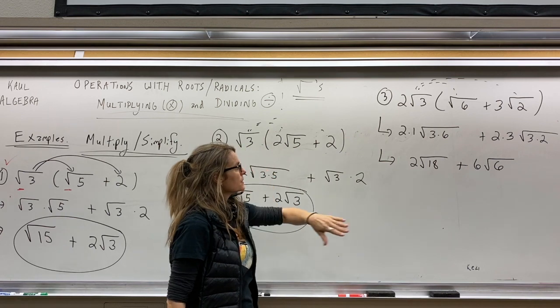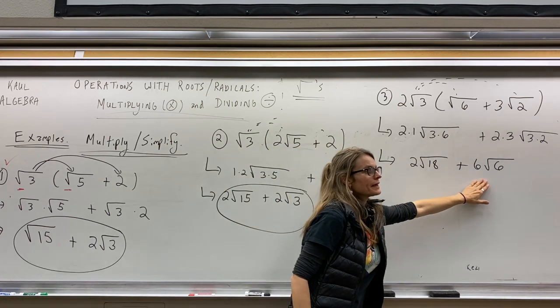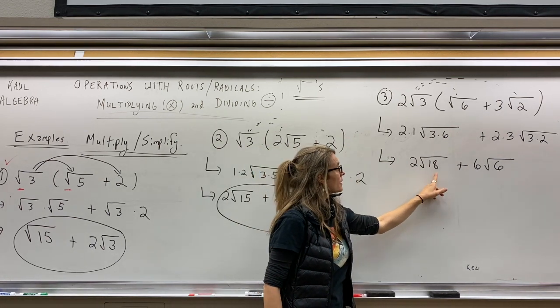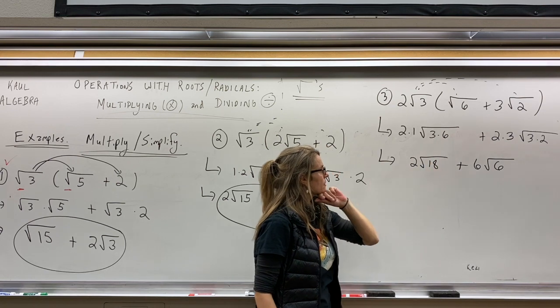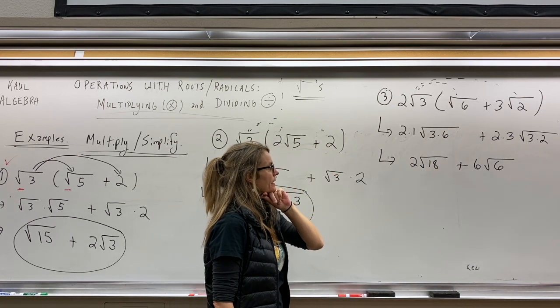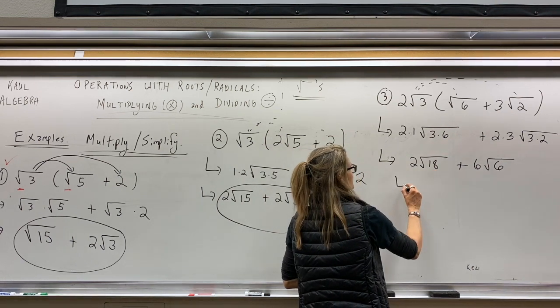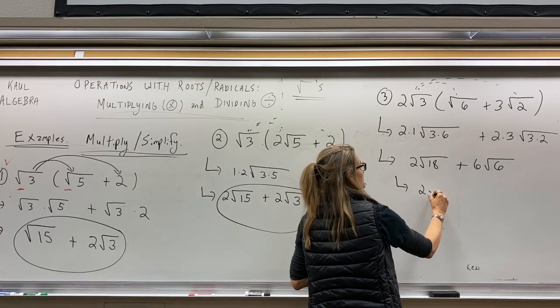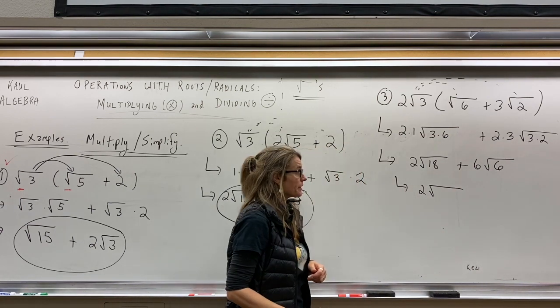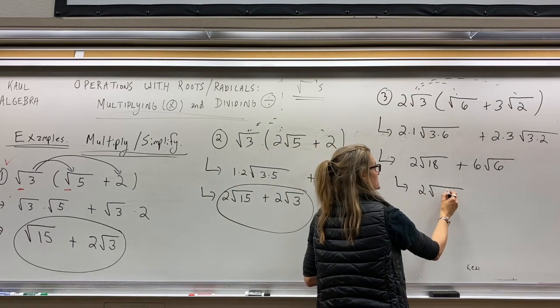And next I want to simplify each of these if I can. Okay, I look at the square root of 18, I say, okay, can I break that down any? Now 18 has a factor that's a perfect square, and that's 9. We did that in a previous lesson.